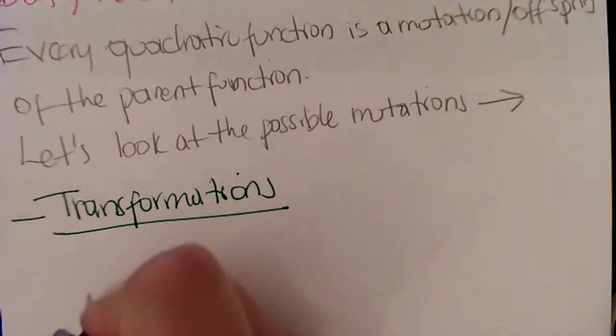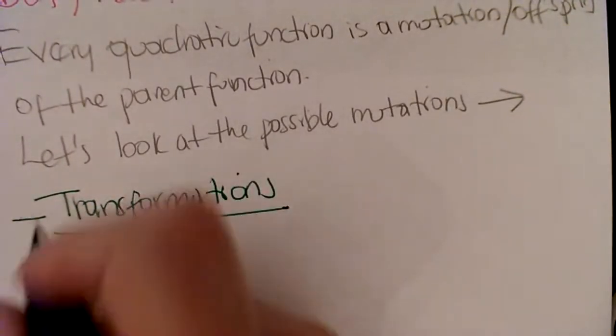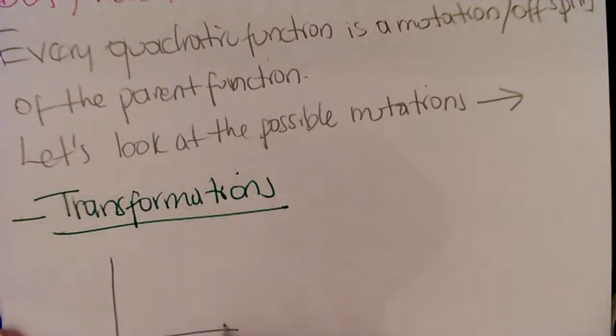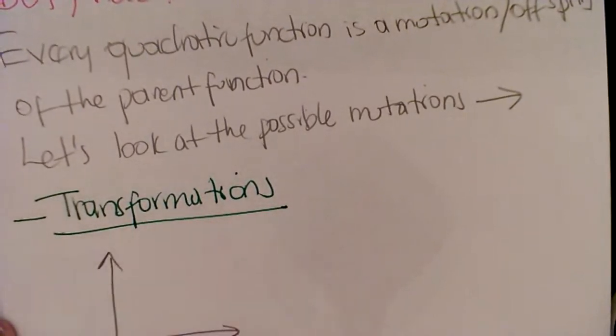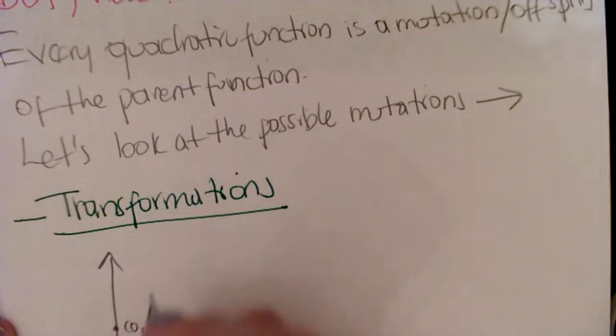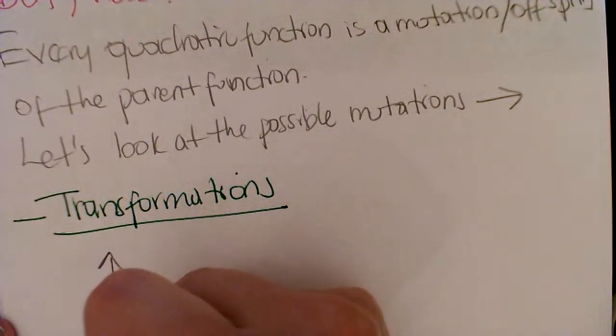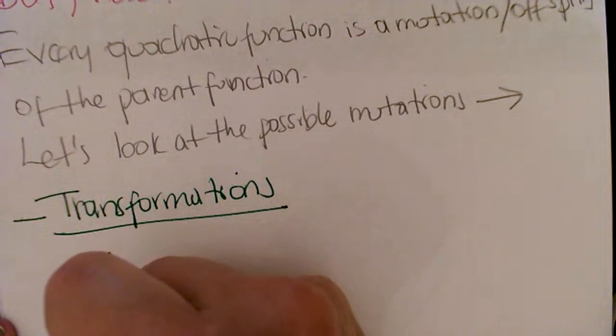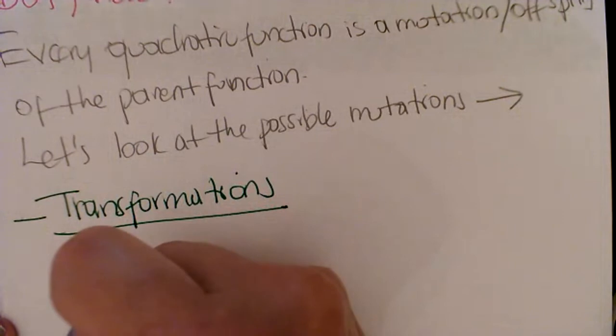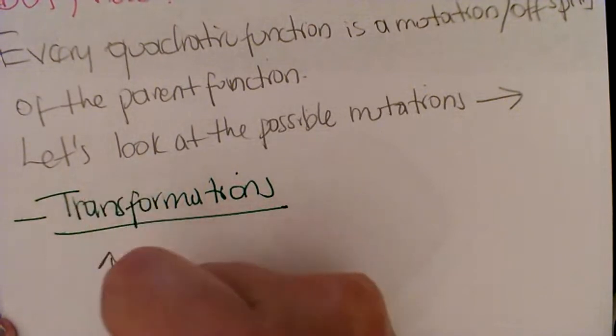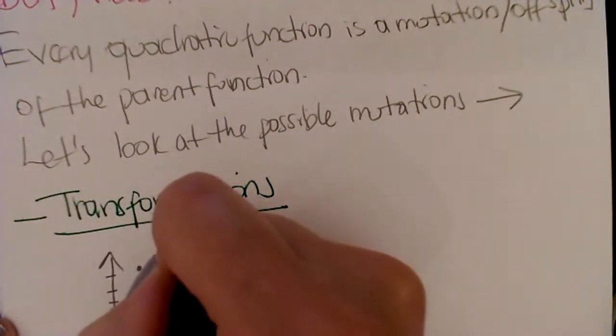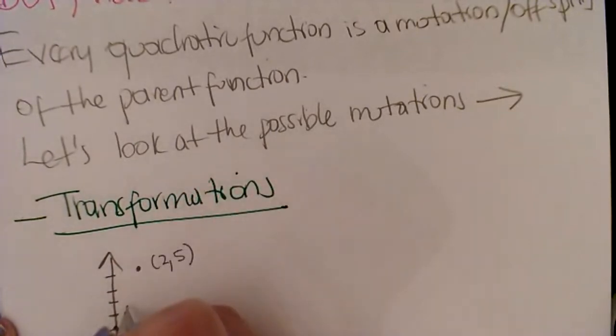So I have this one here, it starts at 0, 1, and we have 1, 2, and a 2, 5, and here I have a 1, 2.